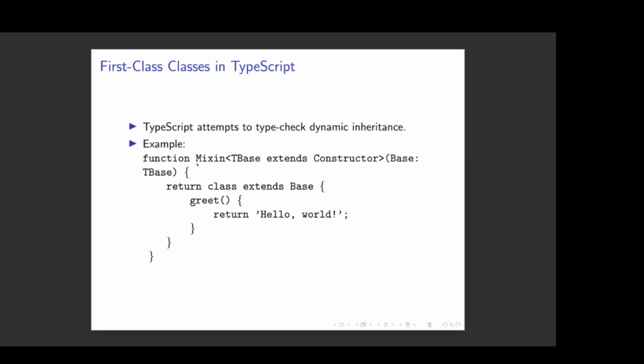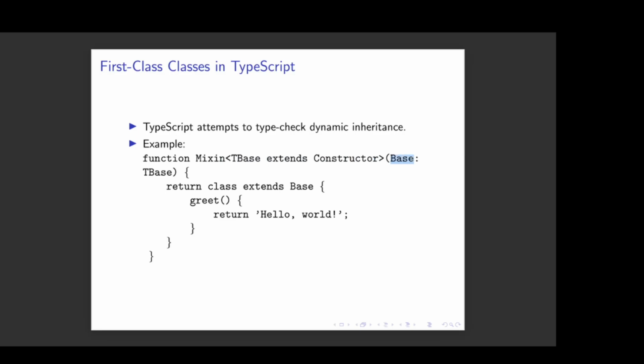In particular, now the function mixin gets parameterized by a type, so this T-base, and this type T-base extends constructor. Okay, and constructor means that basically T-base is essentially a class. Okay, so basically this constraint is saying that T-base is the type of a class, basically.